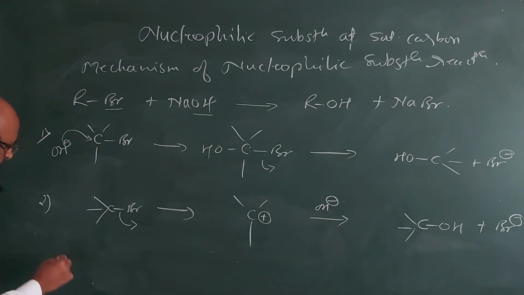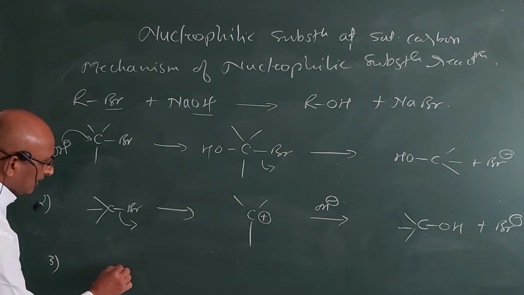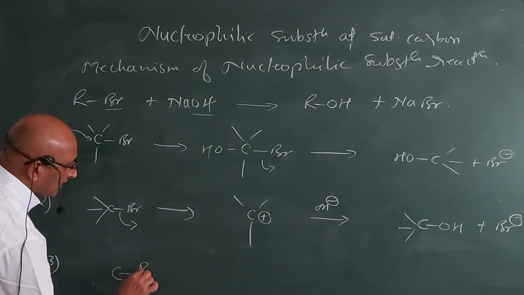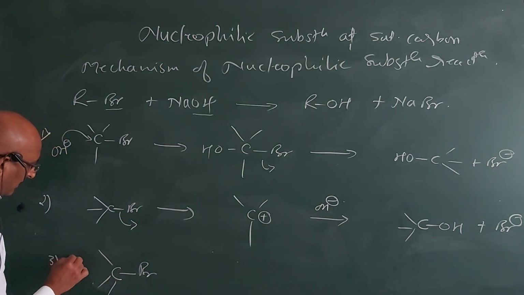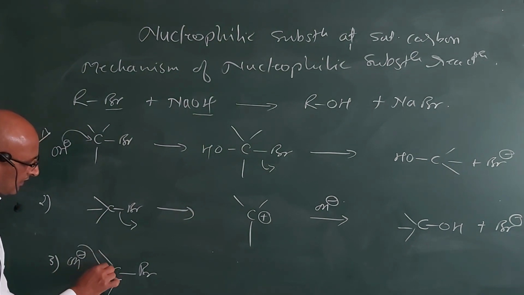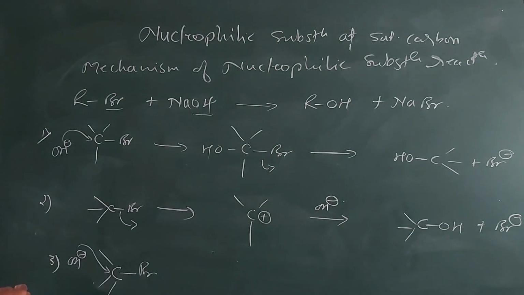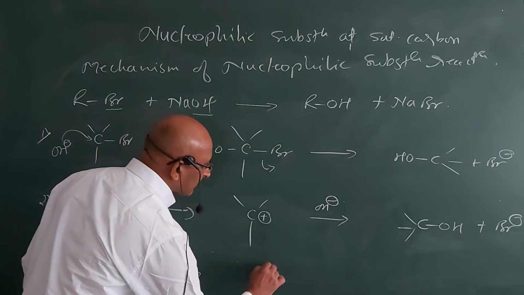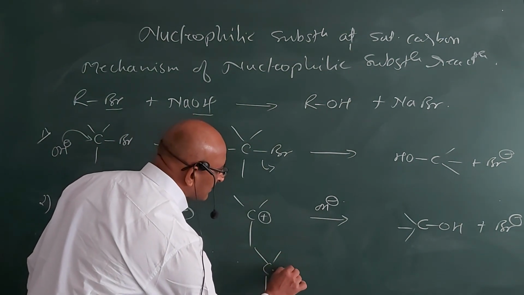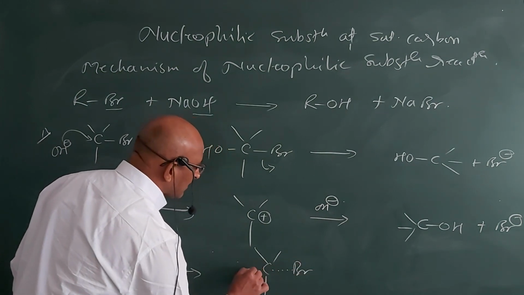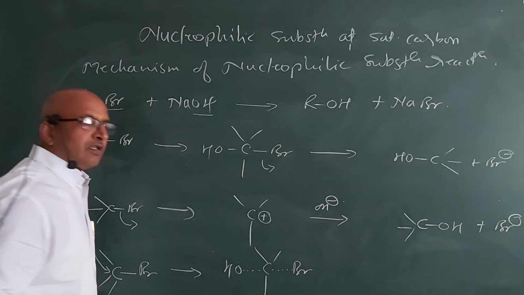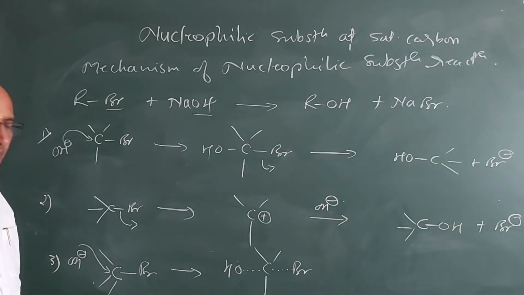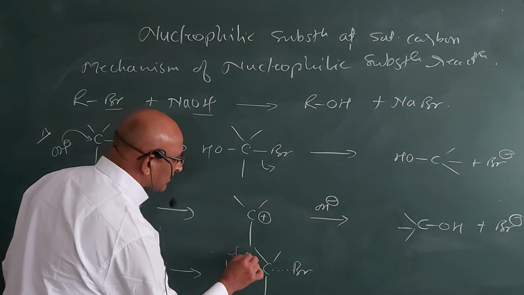The third possibility for the reaction is that the nucleophile attacks the carbon from the backside, simultaneous bond formation and bond breaking take place, and you get an intermediate step called the transition state, in which the C-Br bond has been partially broken and the C-OH bond has been partially formed.